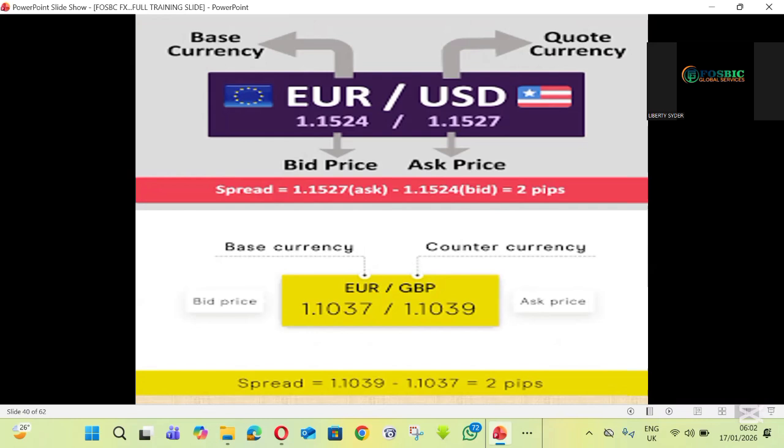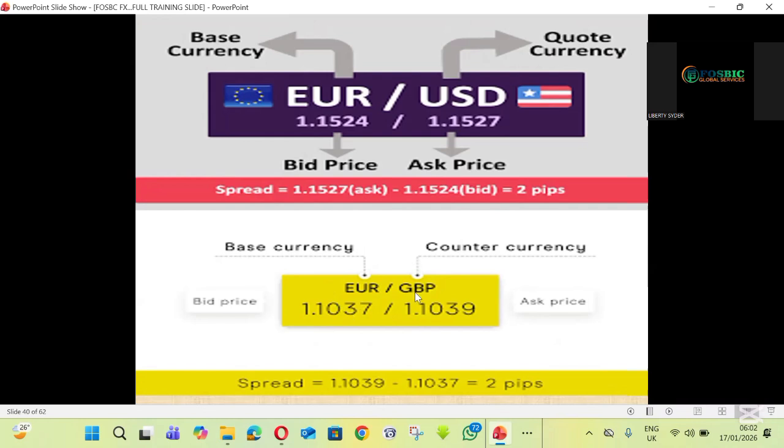So Euro is the base currency, USD is the quote currency. Of course, we know that spread is always ask minus bid. So in this example, spread equals 1.1527 minus 1.1524, which is equal to what? 2 pips.